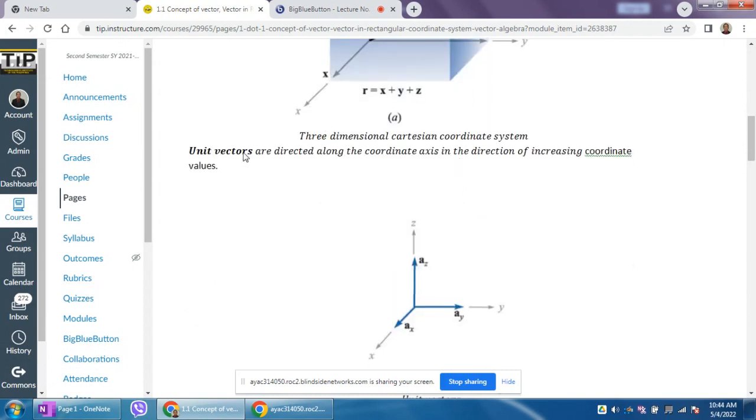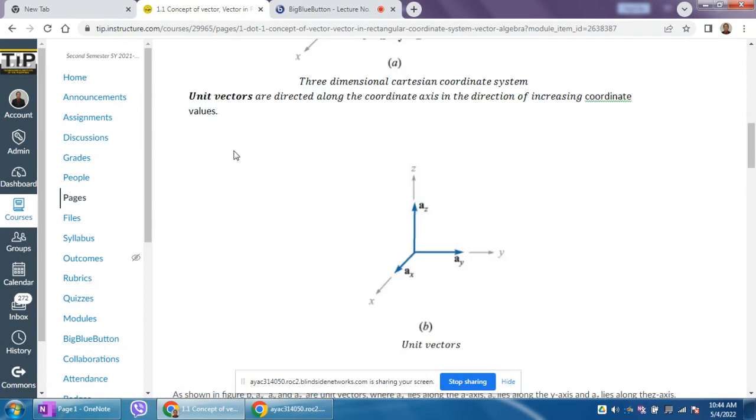Okay, unit vectors are directed along the coordinate axis in the direction of increasing coordinate values. Ito naman po yung unit vectors natin. Ax is along x-axis, ay is along y-axis, and az is along the z-axis.